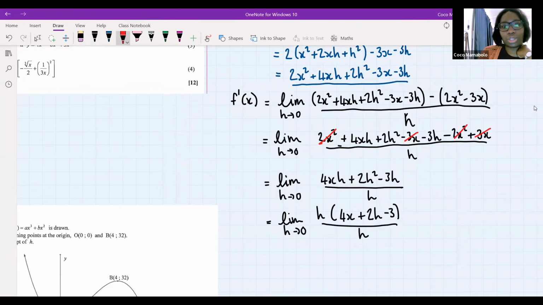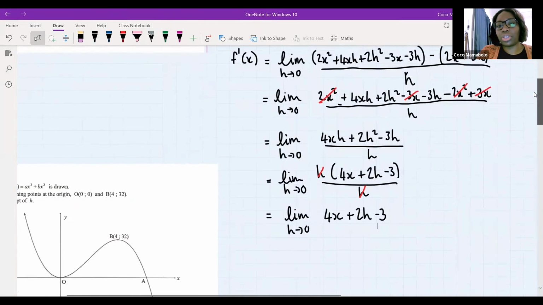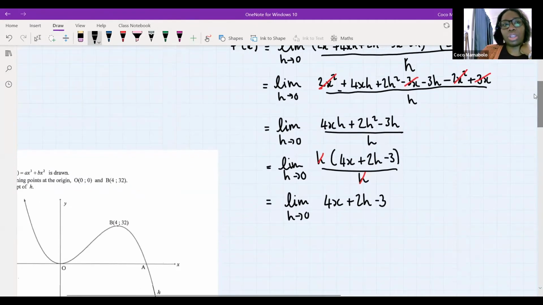And then now the two h's will cancel. And I will have limit as h approaches 0, 4x plus 2h minus 3. And then I'm eventually going to sub my h in, which means that because h is approaching 0, this part over here will become 2 multiplied by 0, which will become 0. And what I will have left is equal to 4x minus 3.